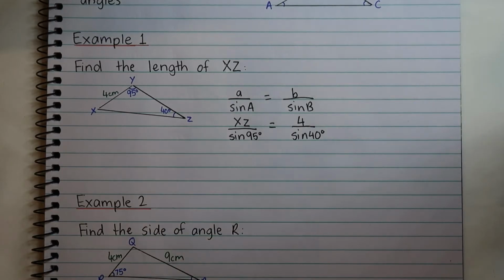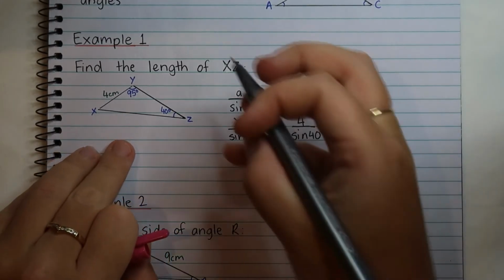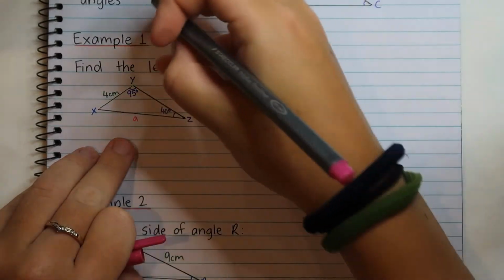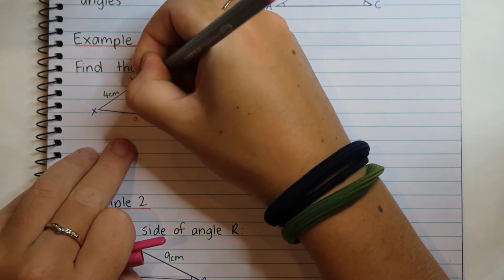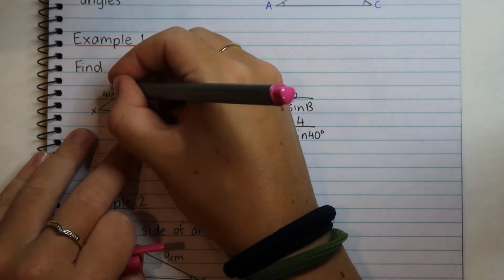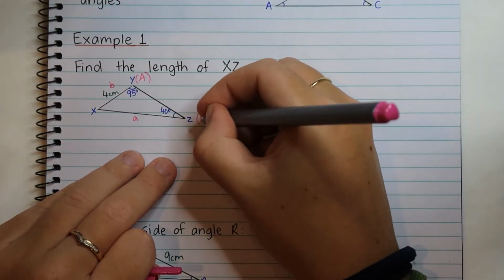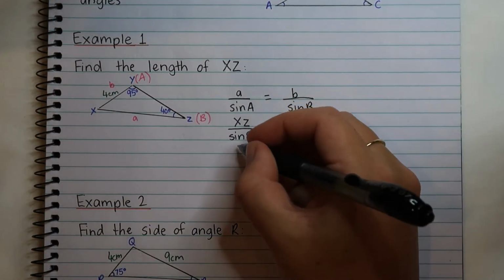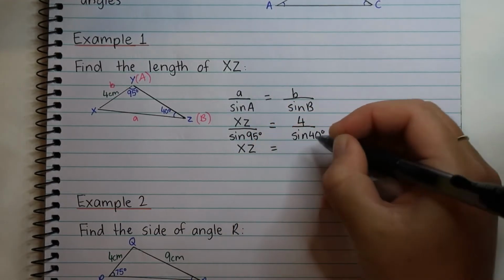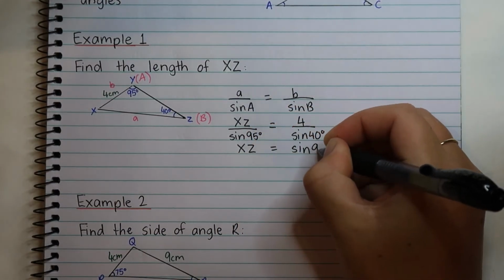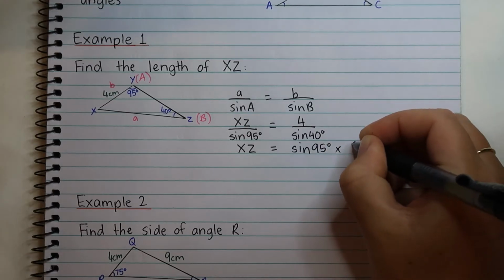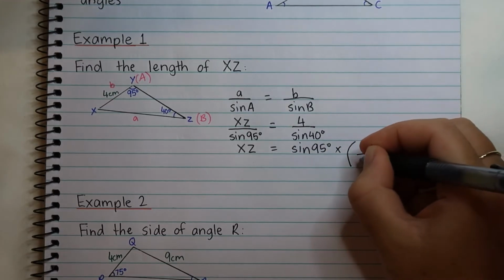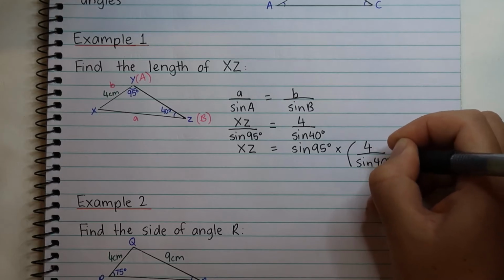So in pink, I'm just going to label these sides for us. So this is going to be A, this is going to be big A, this is going to be B, and this is going to be angle B. So you can see where that comes from. Okay, so just by doing a little bit of algebra, we can say that xz is equal to sine 95 degrees multiplied by 4 over sine 40 degrees.